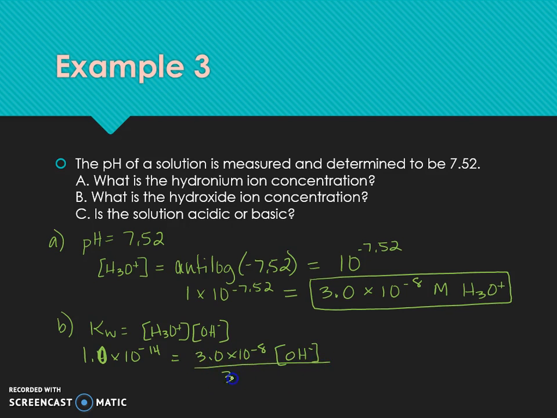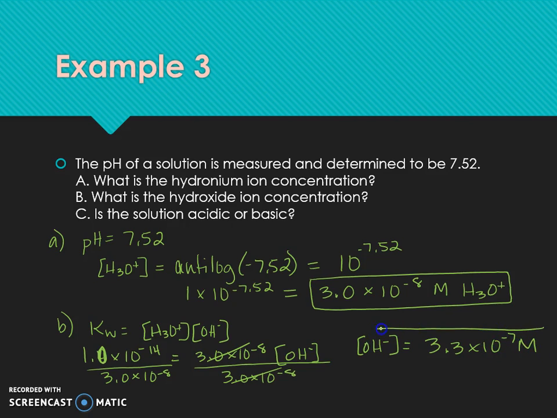We want to get that by itself, so we're going to divide both sides by 3.0 times 10 to the negative 8th. That cancels, and we're left with the OH, or hydroxide ion concentration. When we put this into our calculator, it tells us that the hydroxide ion concentration would be equal to 3.3 times 10 to the negative 7th molarity.